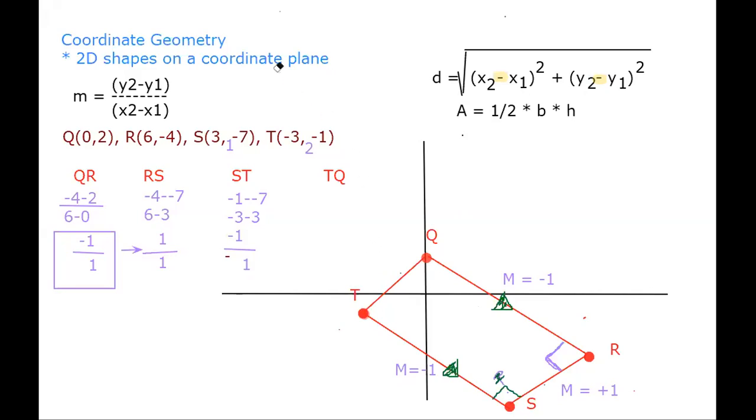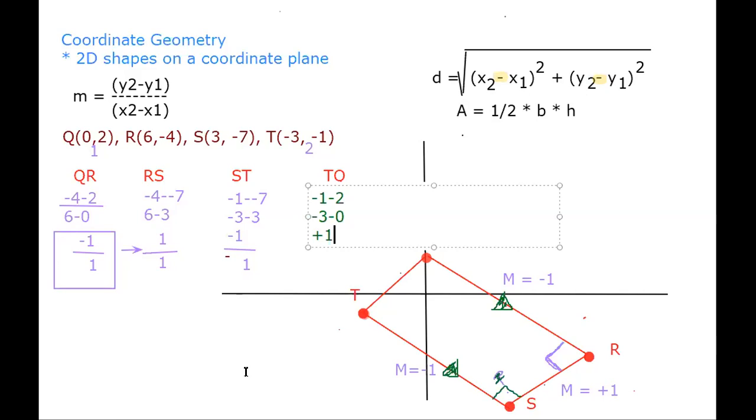So for TQ, we'll use point number 1 and point number 2. So it's y2 minus y1, -1 minus 2 over -3 minus 0. That's going to give you a +1 for slope.